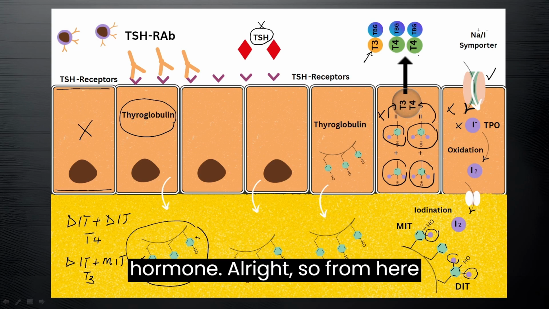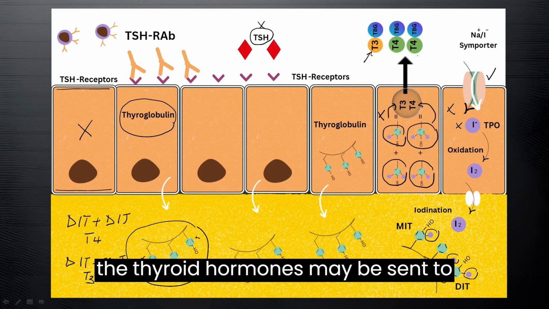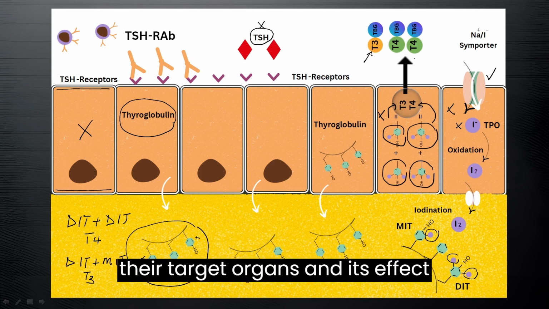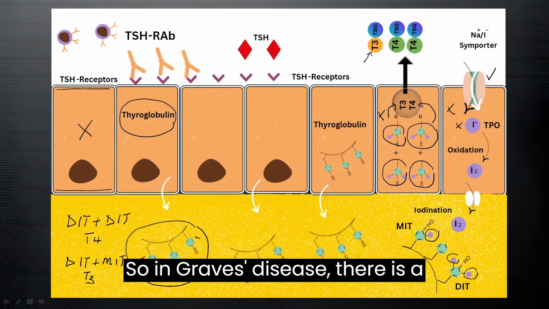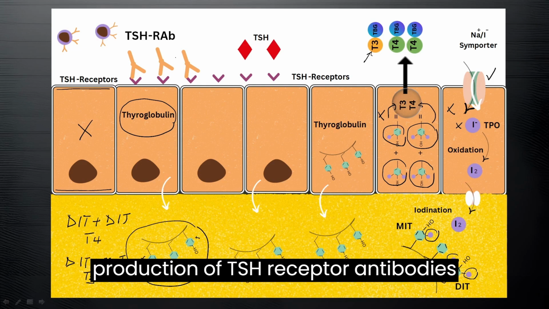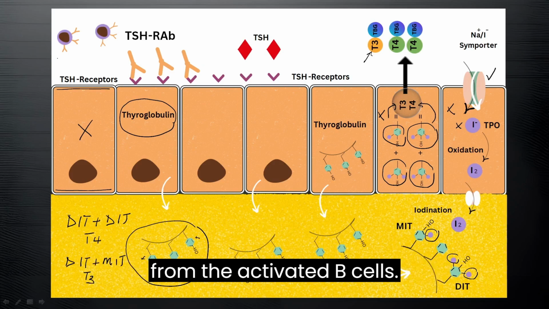All right, so from here, the thyroid hormones may be sent to their target organs, and their effect will then take place. So, in Graves' disease, there is the production of TSH-receptor antibodies from the activated B cells.